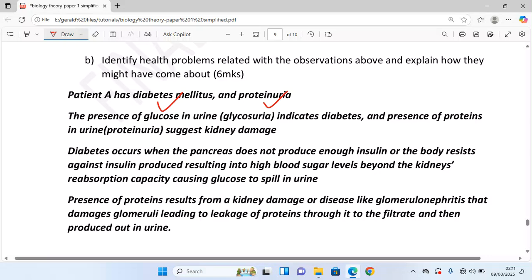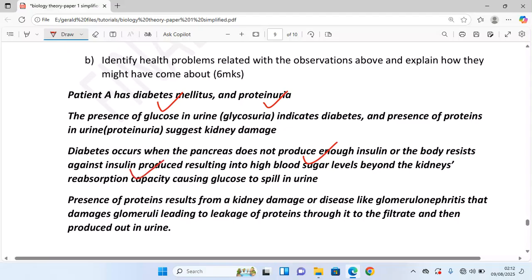Diabetes occurs when the pancreas does not produce. Now this is the cause of diabetes. Note what students always give: it is caused by accumulation of glucose or sugar. It is caused by the pancreas failing to produce insulin, or the body resists against insulin.